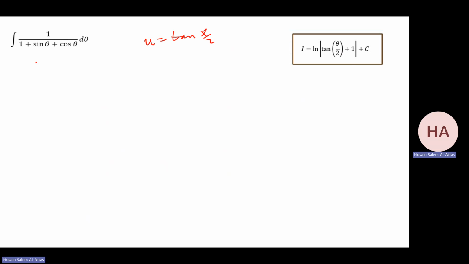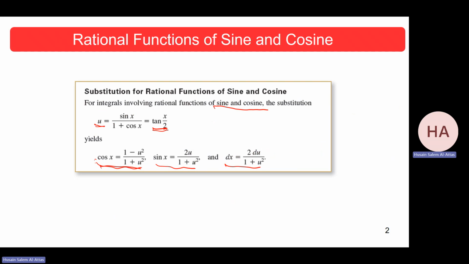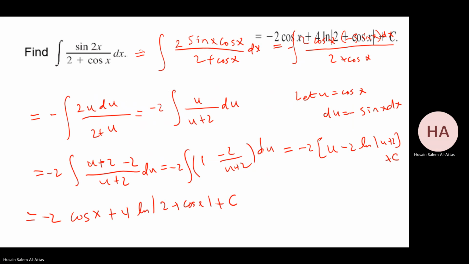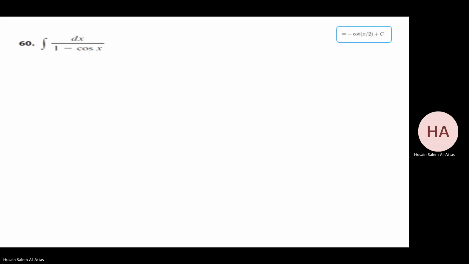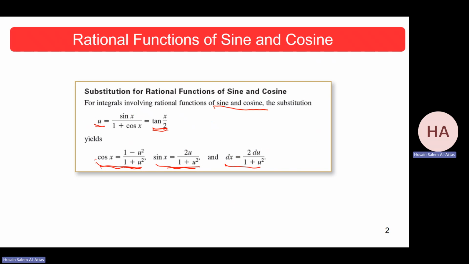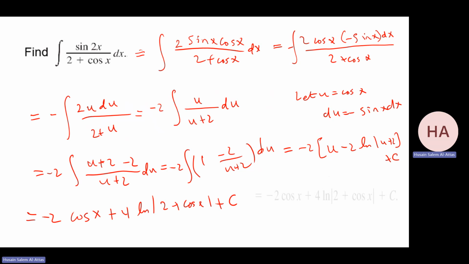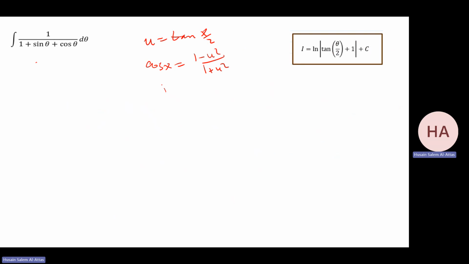If that is the case, cosine is this, sine is this. Let me write it. Cosine x will be 1 minus u squared over 1 plus u squared. Sine will be 2u over 1 plus u squared.